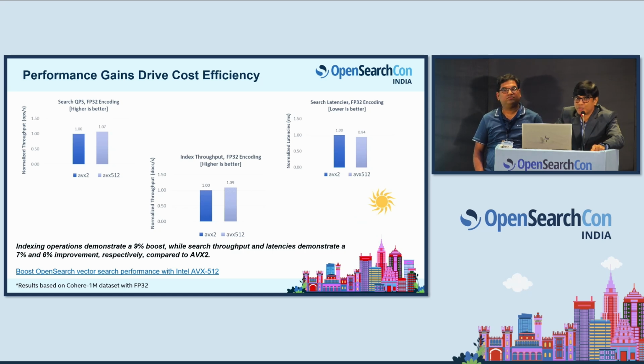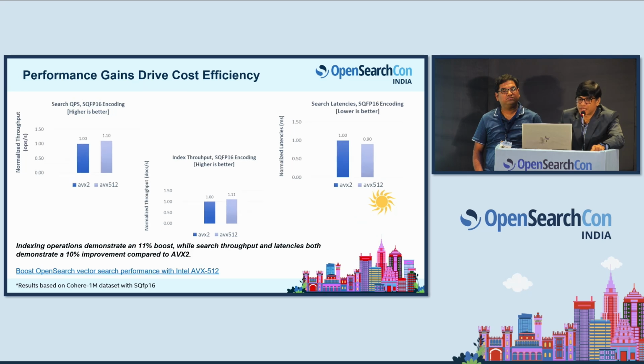I just want to mention that this is against FP32 encoding, where we didn't use the scalar quantizer. We have similar results for the scalar quantizer as well, where we use SQ FP16 encoding, with the vector representation as half precision vectors.